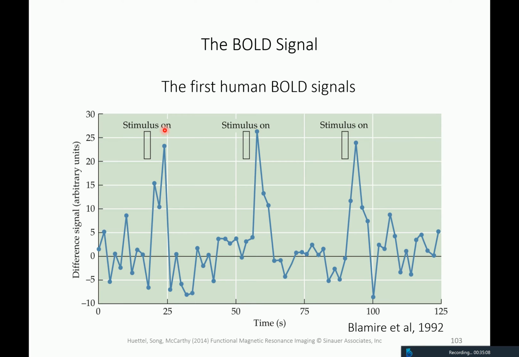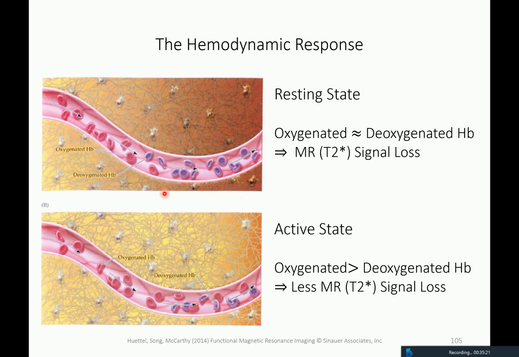What has always been observed is that neural activity, and also oxygenated hemoglobin, makes the T2-weighted MR signal go up. And what this shows, in a little more detail, is why this is happening. In the active state, there is more oxygenated hemoglobin than deoxygenated hemoglobin, hence less MR signal loss, hence a higher MR signal.